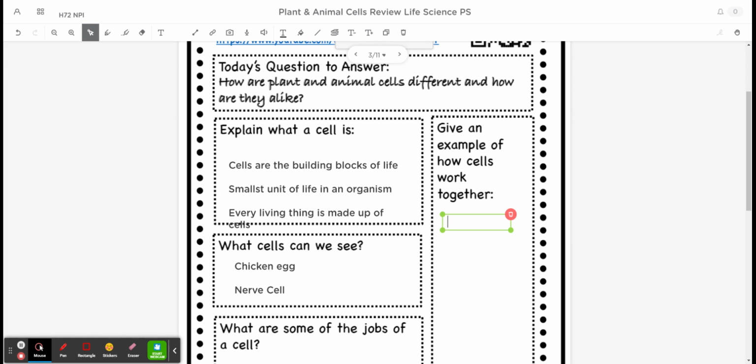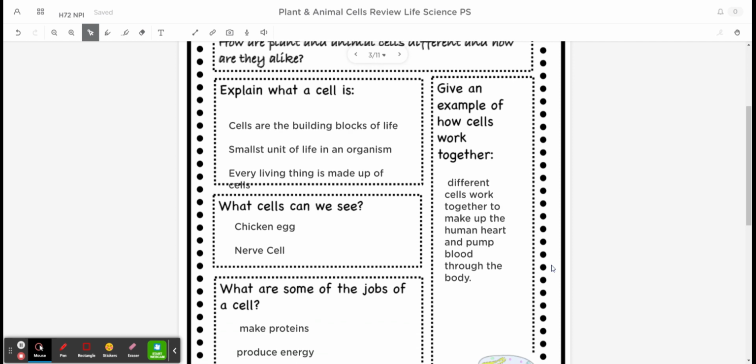So we'll say different cells work together to make up the human heart, which is an organ made up by cells, tissue, that turns into the organ, heart, and pump blood through the body. So that's just an example there.